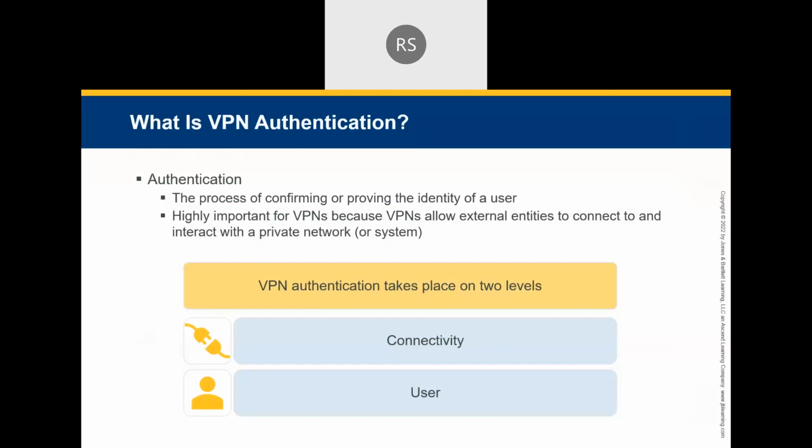And VPN authentication takes place on two levels, including when the user connects to the VPN, and authentication also forms a foundational element in ensuring the secure access of the authorized user.